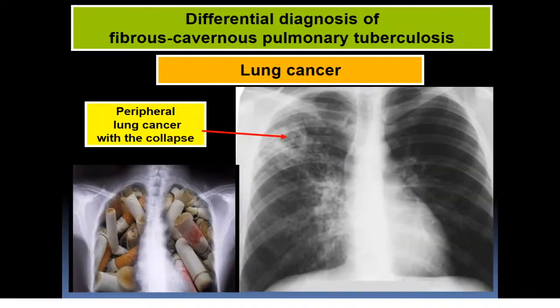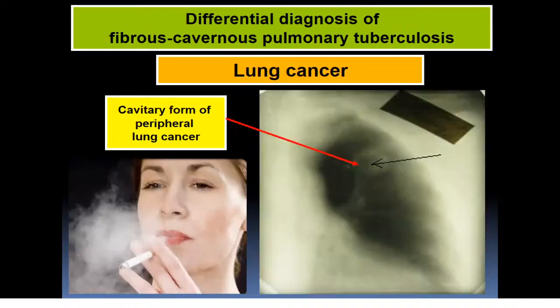And lung cancer in the last stage, the fourth stage, can look like fibrous cavernous tuberculosis, because it also has a cavity.